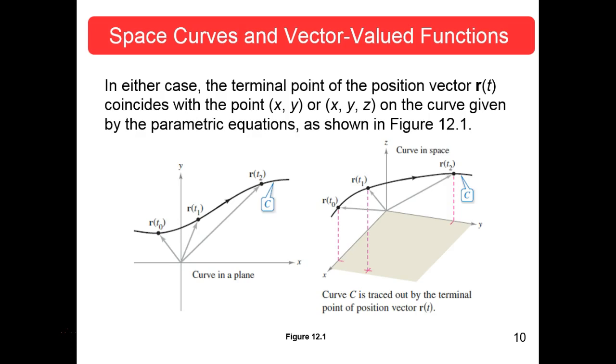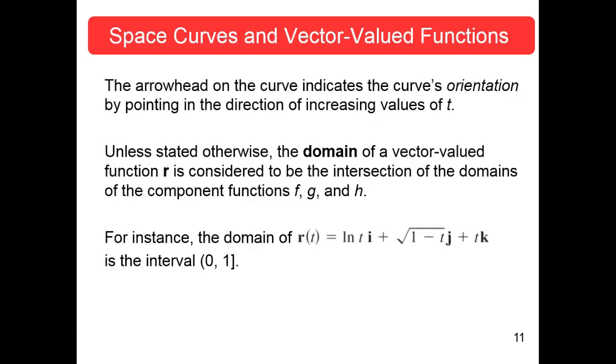And again, one of the problems is you're trying to draw a 3-dimensional shape on a 2-dimensional board, and it's a really hard thing to do. The arrowhead in the curve indicates the curve's orientation by pointing in the direction of increasing values of t. So if t even started out at some negative value, as long as it was increasing, you went that way.